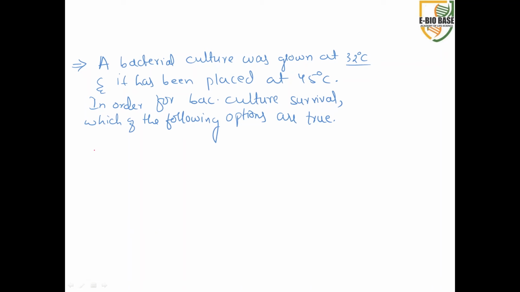Option A, the very first option, was increase in saturated and long chain fatty acids. Fa is fatty acid. Second option was decrease in saturated and long chain fatty acids.